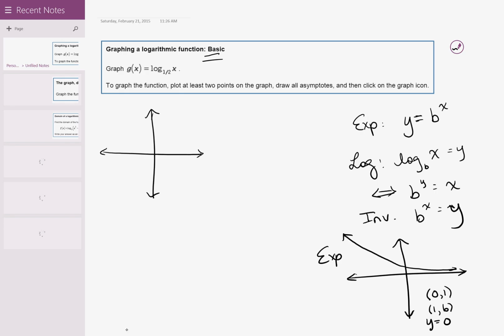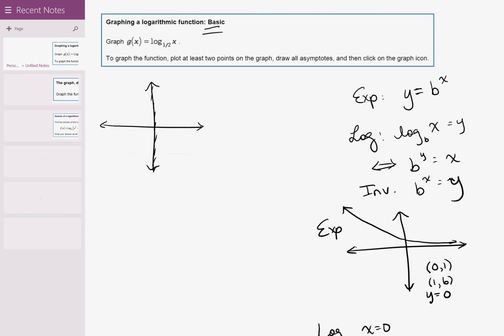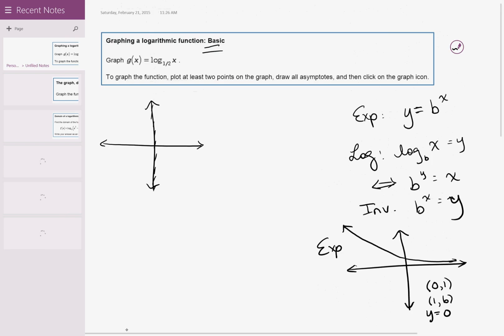So this has a vertical asymptote, not a horizontal asymptote, and it goes through the point 1, 0, and it goes through the point 1/2, 1. And so it looks like this.